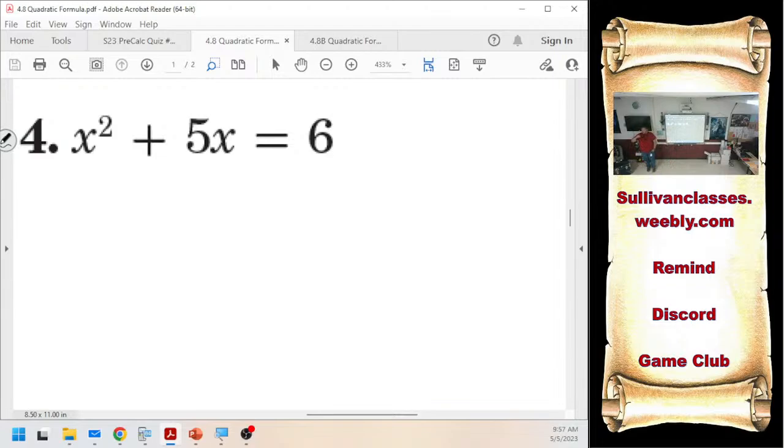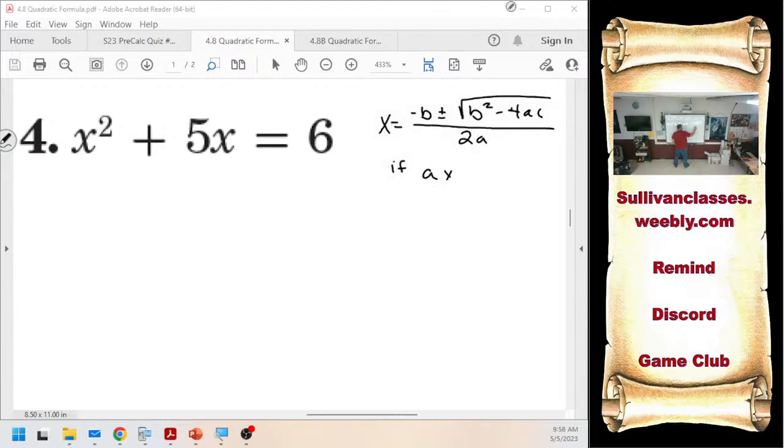So, formula, where is it? Instead of just a blanket, look around. Where is formula? Top of page, right? So my formula is negative b plus or minus the square root of b squared minus 4ac, all over 2a, if I have ax squared plus bx plus c equal to 0.